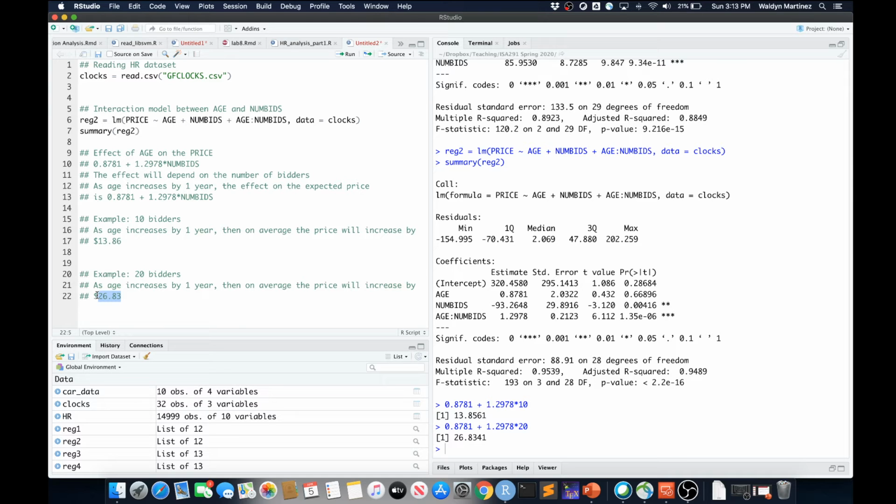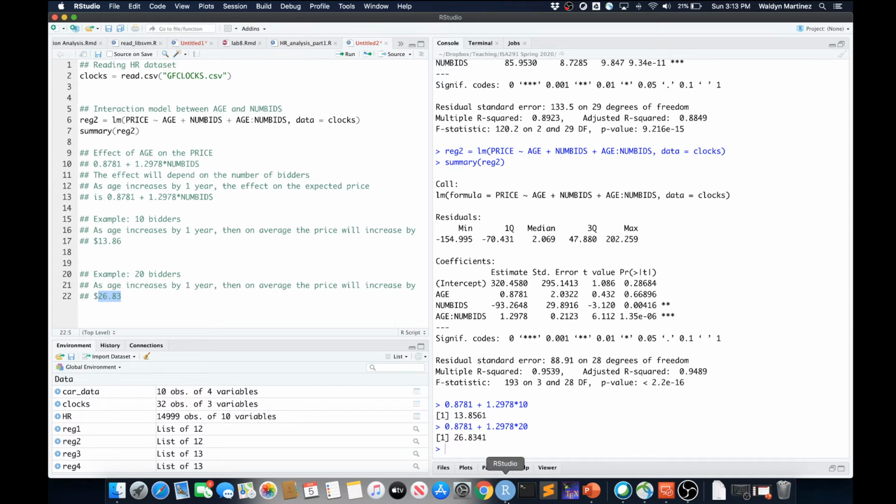As the grandfather clock is older, and being older with more bidders, that does increase the expected price of the clock.